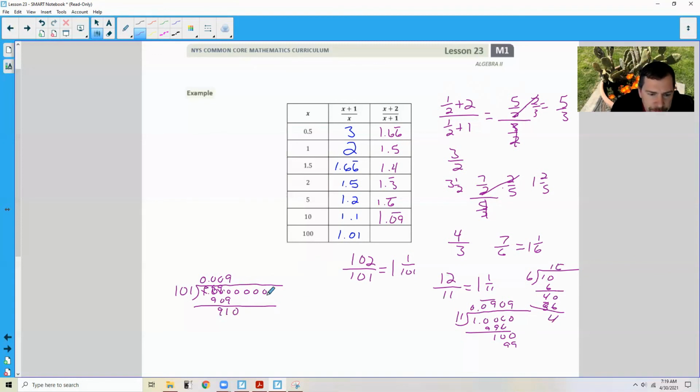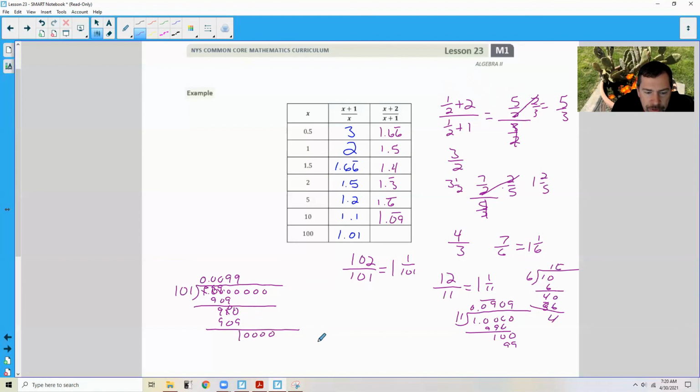Okay, did I do that right? 9 times 101 is 909, leaving 91 from 1,000. Bring down a 0, we have 910. And 101 goes into 910 9 times. 9 times 101 is 909. And that's going to leave me a remainder of 1.